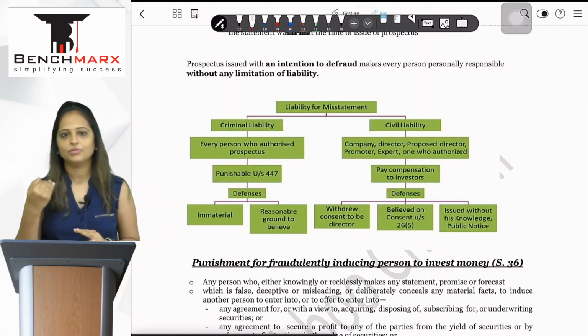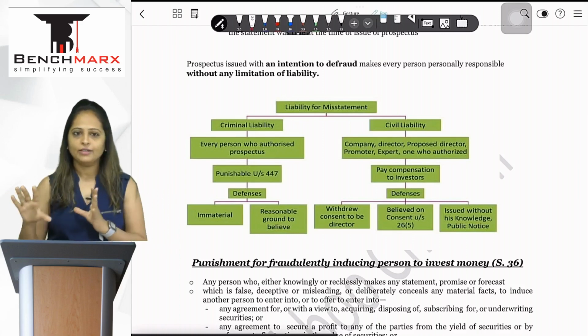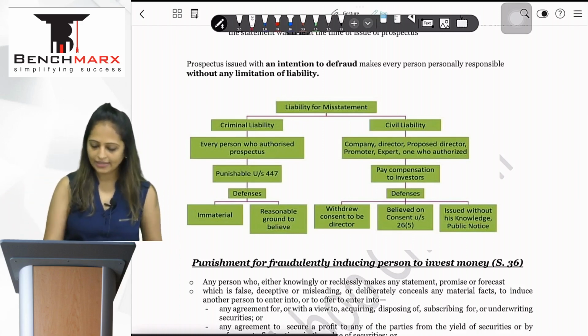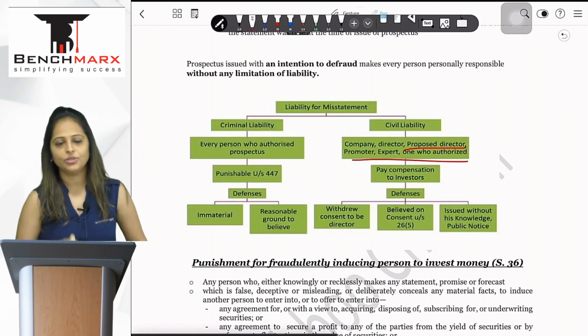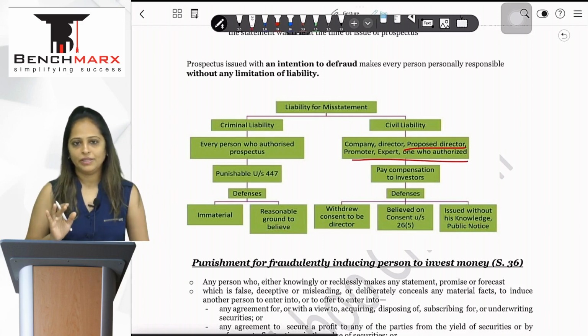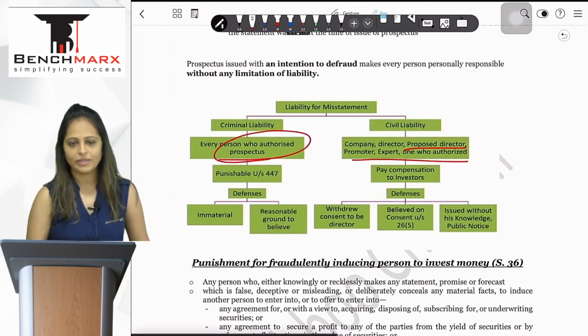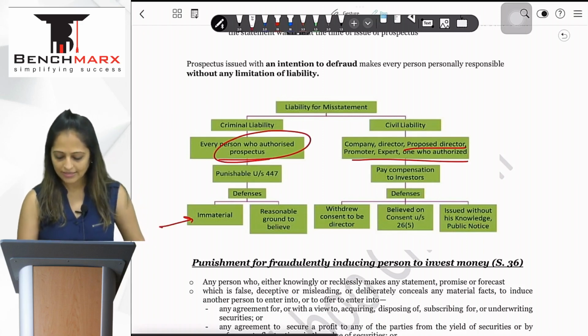So if you put something where a guilty mind is present, then section 447 will apply, and if mens rea is not present, then it will fall under civil liability. And then every company director, proposed director, promoter, and expert who has authorized it will be penalized. In case of criminal, every person who has authorized the prospectus will be penalized under section 447. They have their defenses that they can claim.